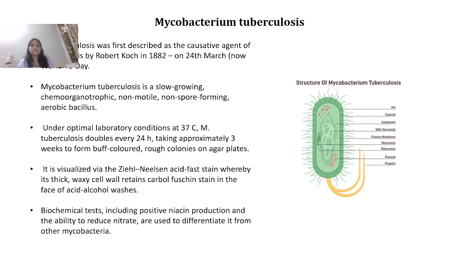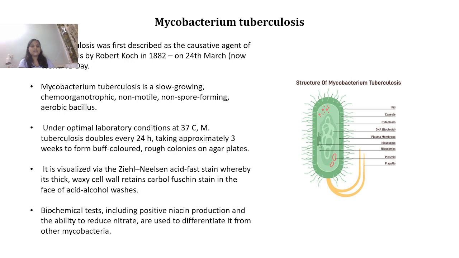It is not motile and does not form any spore, and it is an aerobic bacillus. Aerobic means it requires air, and chemo-organotrophic means it gains energy by the oxidation of reduced organic compounds. It will oxidize them and gain its energy.